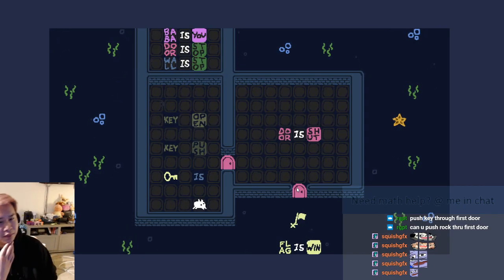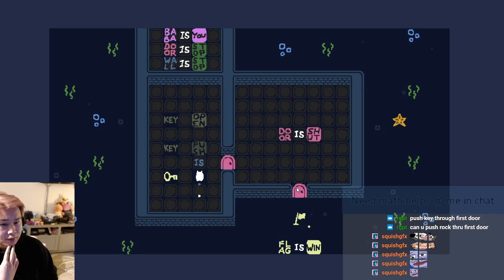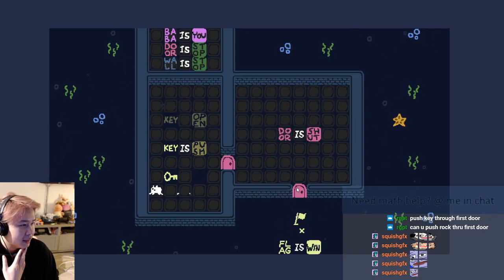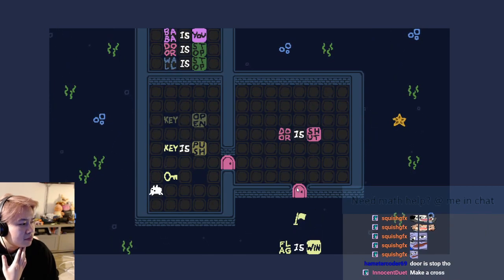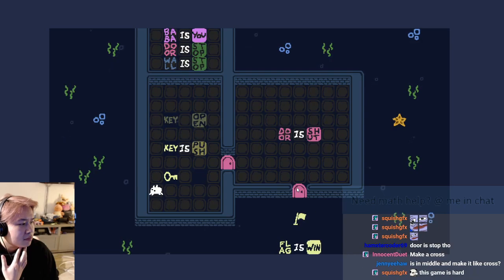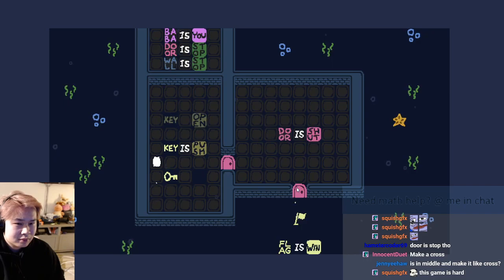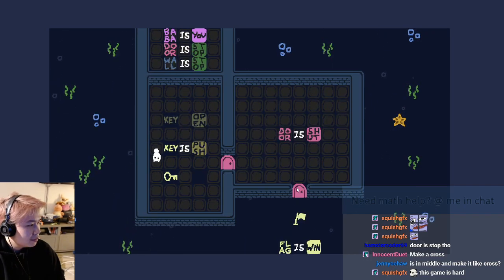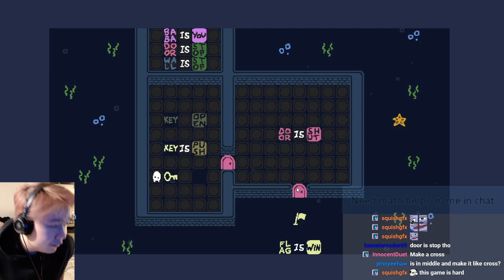Okay, so let's see. So now the key is pushed, but it's not going to open things. Is it in the middle and make a cross? The game is difficult.